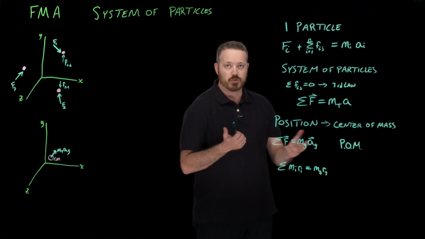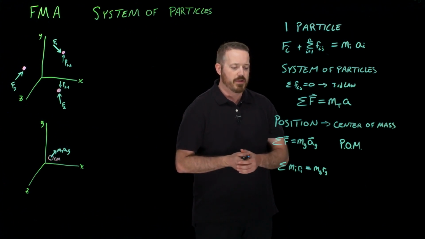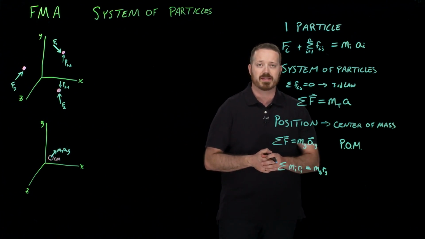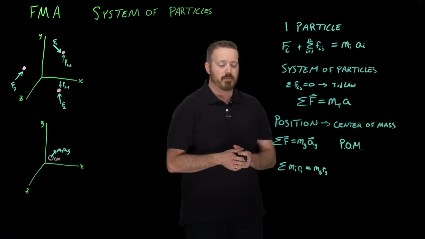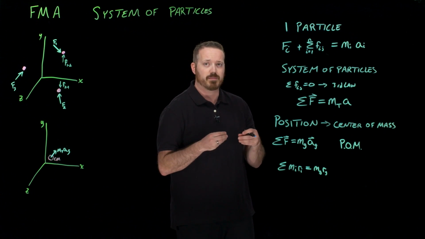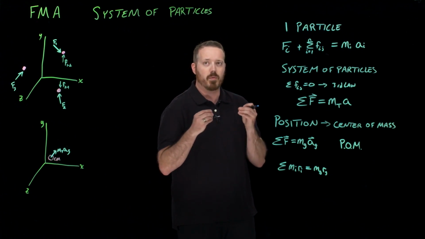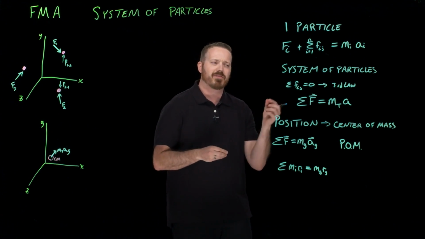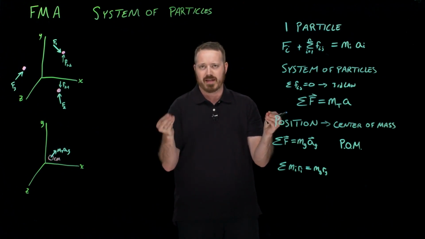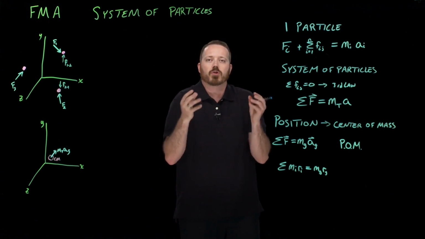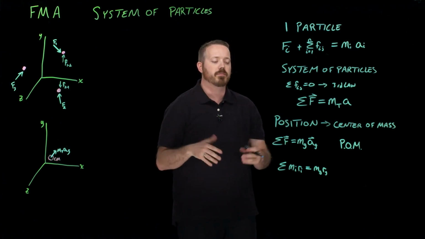Now we can take derivatives of this, and then we get the other implication of the principle of moments, which is that the momentum, the mass times velocity of all the little bits of our system, has to be equal to the momentum of the whole system. So it's fairly intuitive when you describe it that way. If you've got a little momentum here and a little momentum here and all over the place, and you add up all of those little bits of momentum, of course you're going to get the momentum of the whole system.